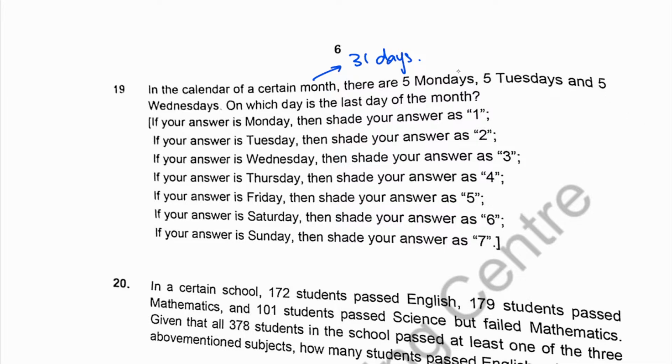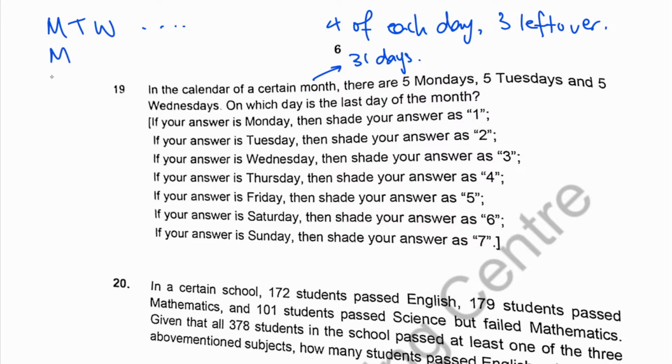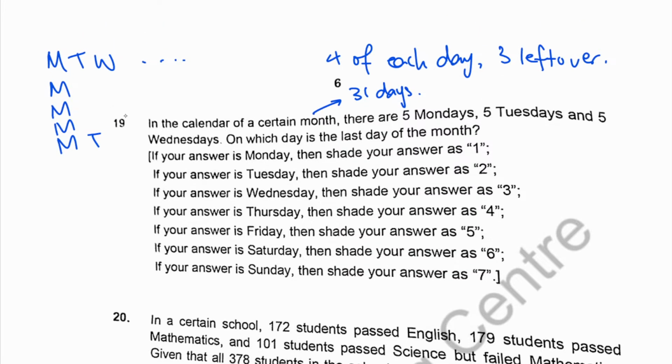But in this case, there are 4 of each day and 3 left over. Okay, so it must start Monday, Tuesday, Wednesday, and so on, and have 5 Mondays, and then it must end on a Wednesday. So Wednesday is the last day of the month. So your answer will be 3.